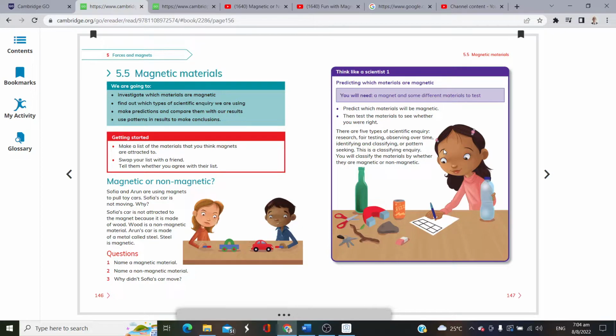Then the second part is you will test those materials, whether they are magnetic or non-magnetic. I'll show you a video.